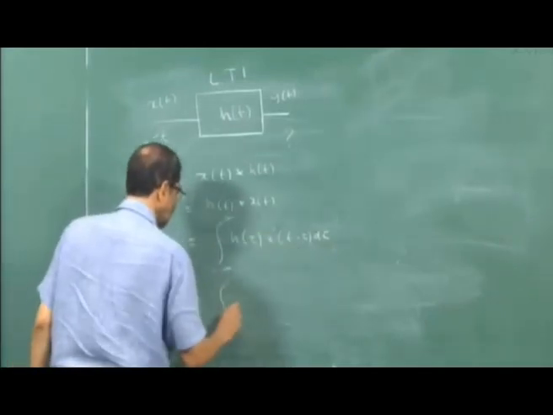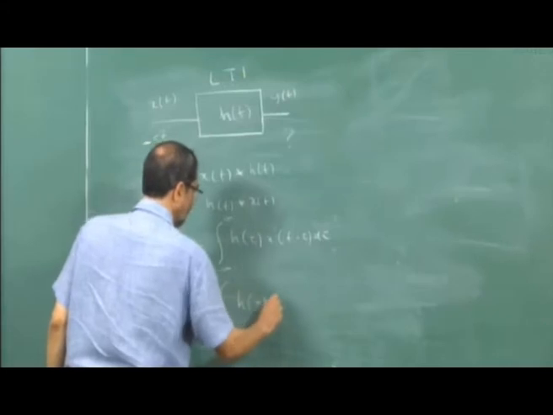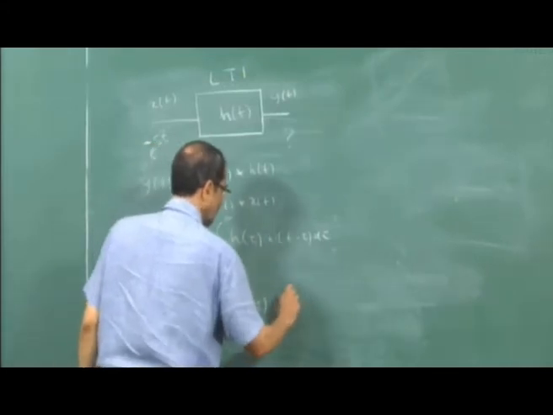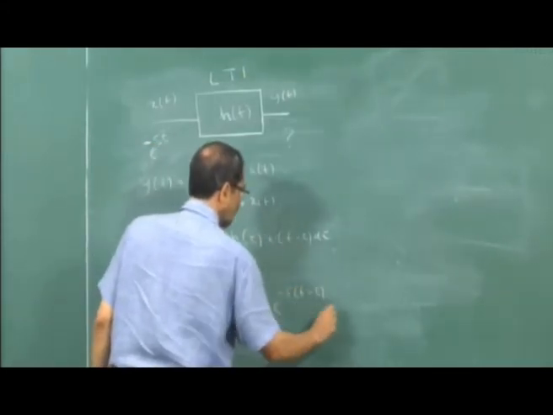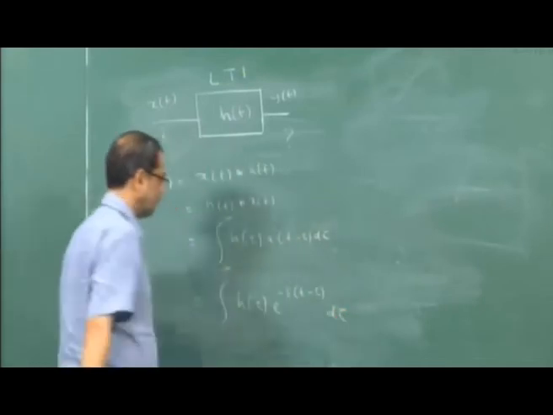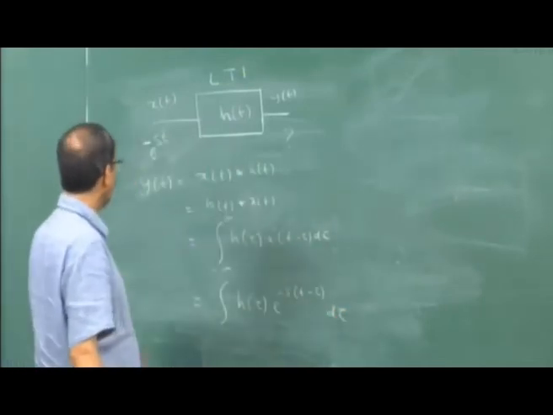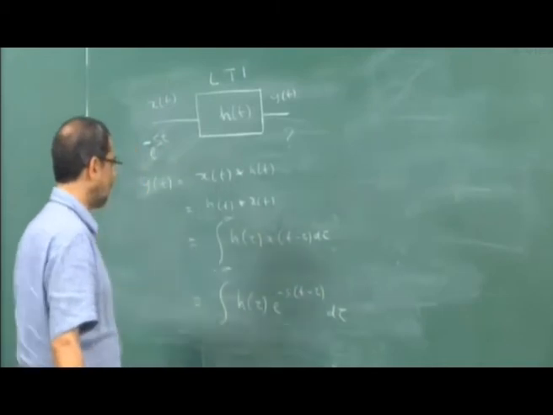That's equal to h of tau e to the power of minus s into t minus tau d tau. Wherever there is t, I replace that with t minus tau.